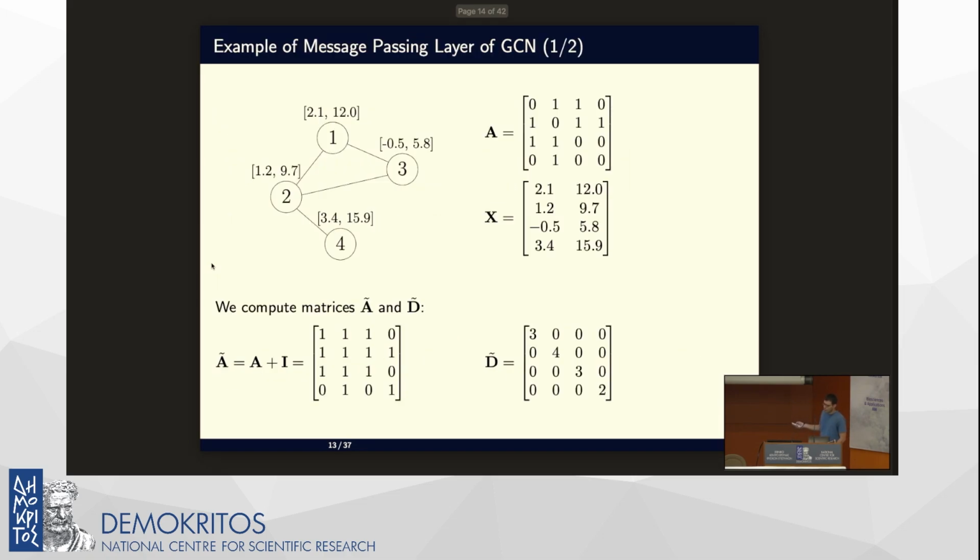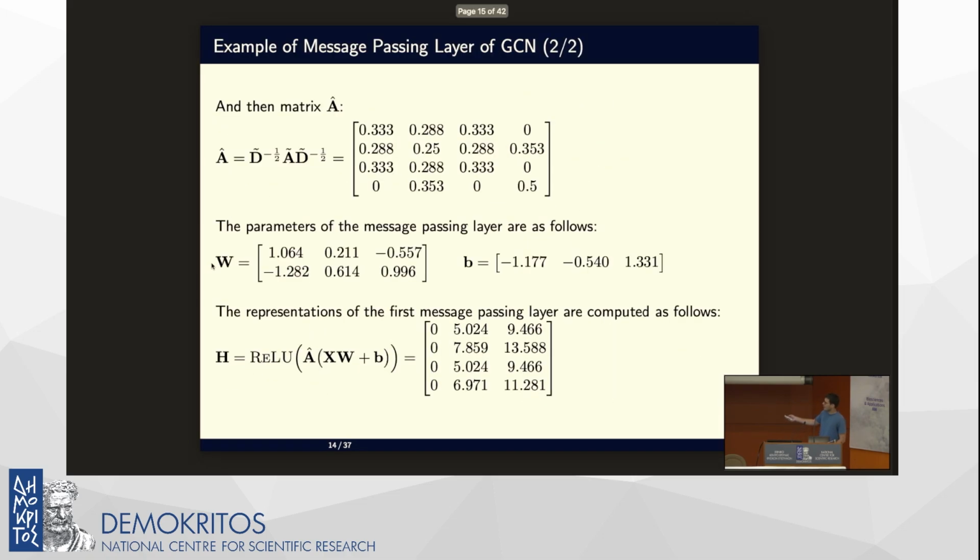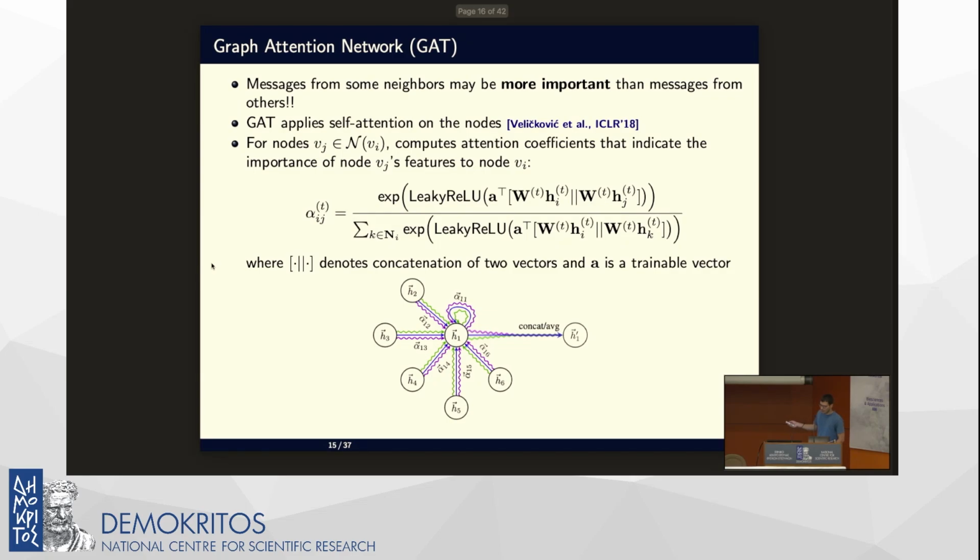But this was solved by another model, the graph attention network, where we learn an attention coefficient for each neighbor of a given node. So here you see that we focus on node 1. Node 1 has 5 neighbors, and we also have this self loop.